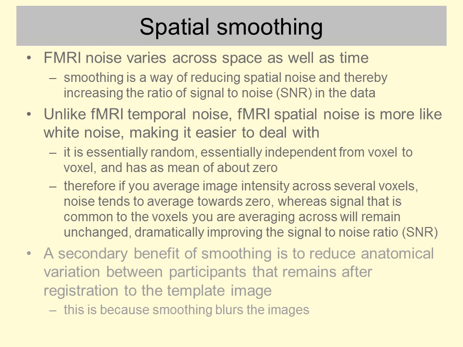Another important reason why you might consider smoothing your individual participant data is because it reduces the anatomical variations between participants, which are going to remain even after registration to the template. Basically, smoothing blurs the images.